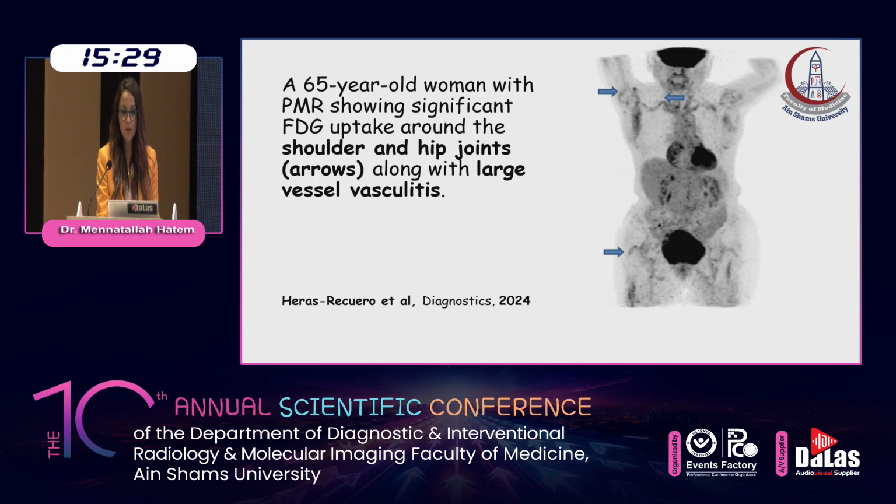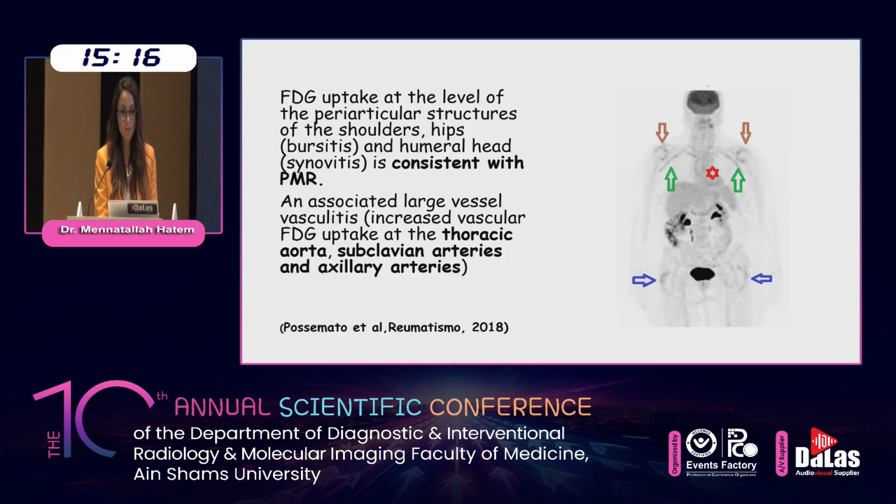Another case showing increased FDG along the glenohumeral and the hip joints, but also around the subclavian arteries bilaterally, denoting large vessel vasculitis. Also in this case, there is an FDG uptake around the glenohumeral joints, the hip joints, and another uptake around the subclavian and axillary arteries bilaterally, consistent with PMR and giant cell arteritis.